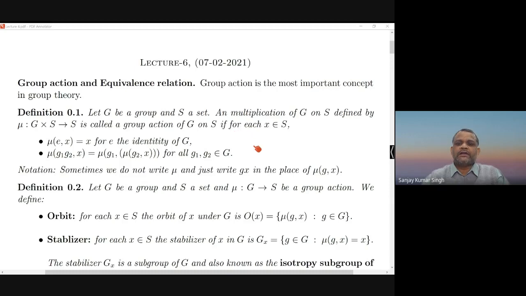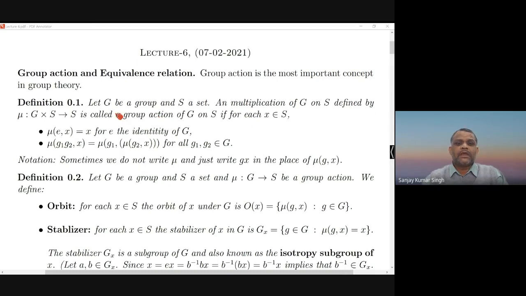It is defined like this: let G be a group and S be just a set. I define a multiplication of G on S as a map mu from G cross S to S. And I will say that this map is nice, meaning that it is a group action of G on S, if it has these two properties.